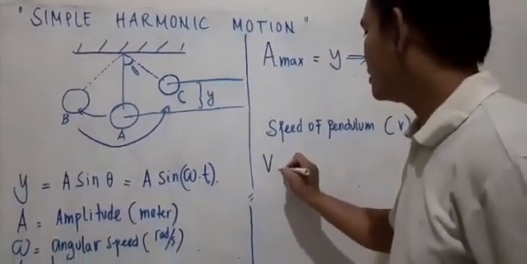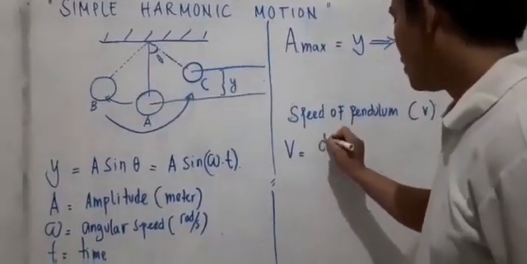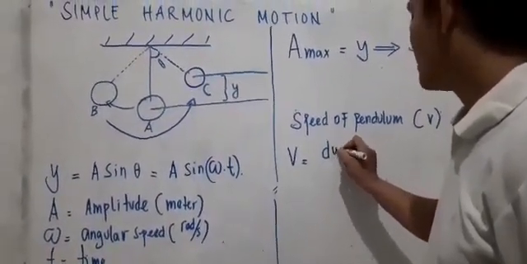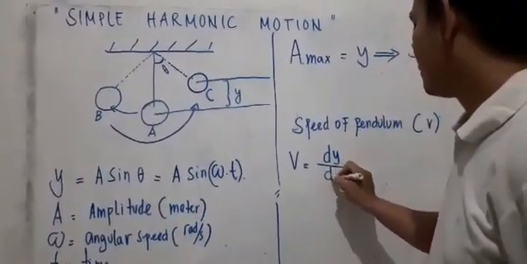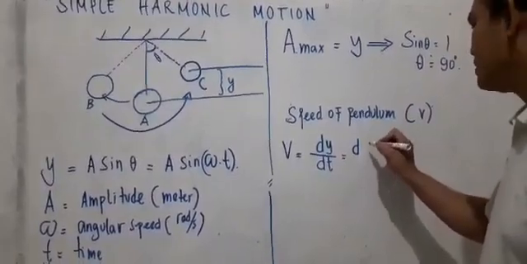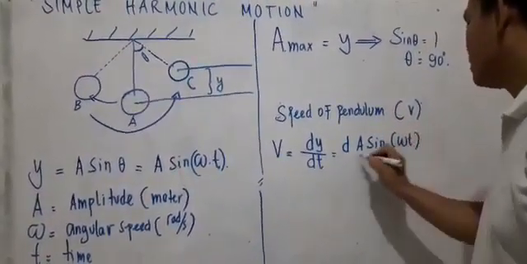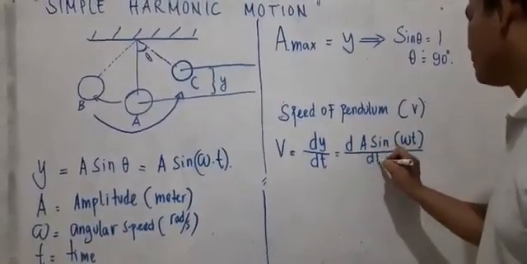The v here is the differential of deviation with respect to time, so the differential of A sin omega t over time.